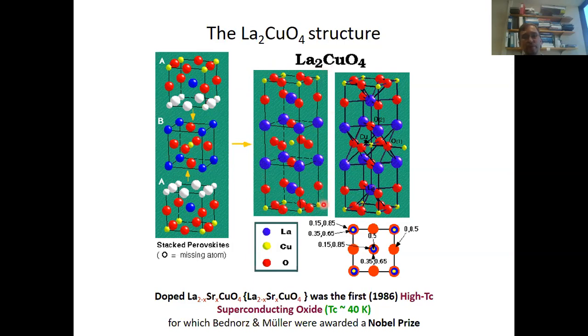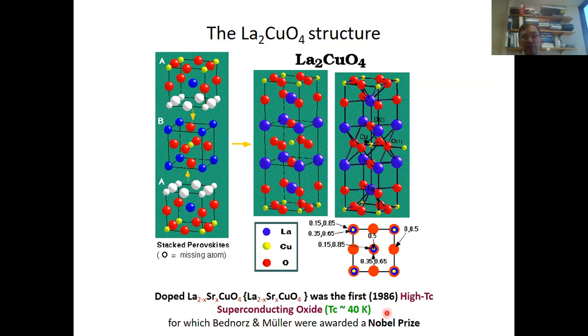So what's quite interesting about this structure is that a derivative of that structure was the first high temperature superconducting oxide, which was discovered in 1986 by Müller and Bednorz, and they were awarded the Nobel Prize just 1 year later.